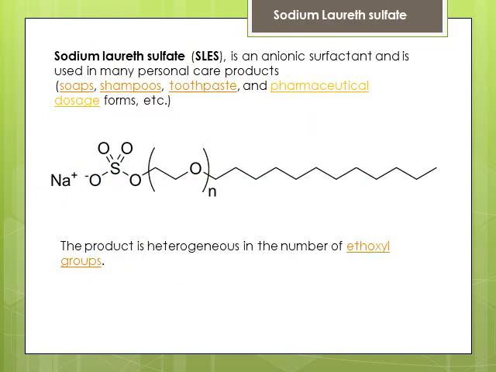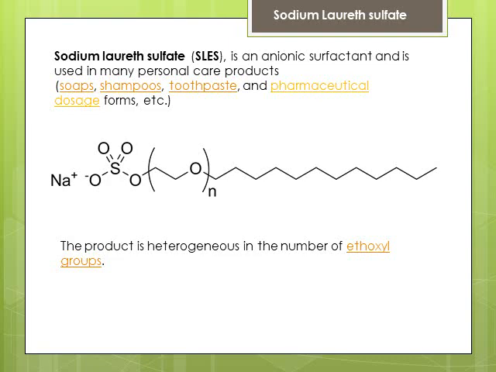Okay, now going back to sodium laureth sulfate, or SLES. This is the anionic surfactant that is mostly used in cosmetics, meaning shampoo, soap, toothpaste. It is a surfactant, and it is also used in pharmaceutical dosage forms at a low concentration. The molecule that we see in the middle has three parts.